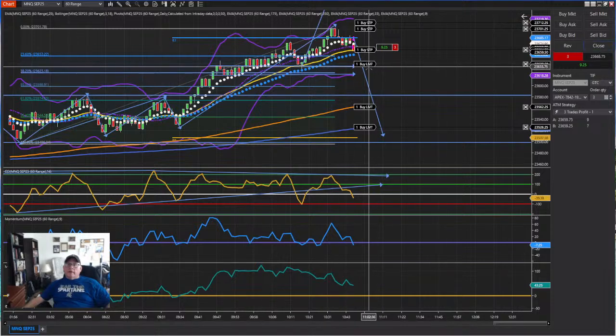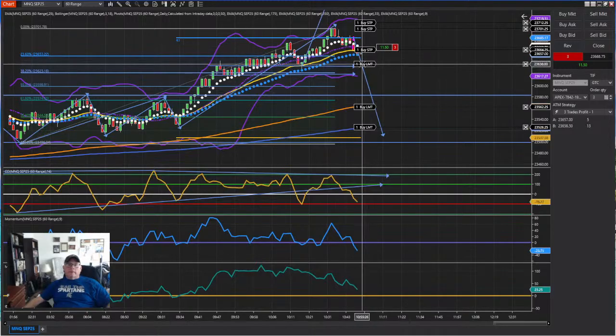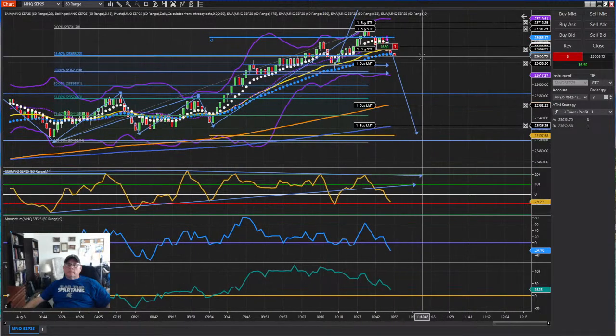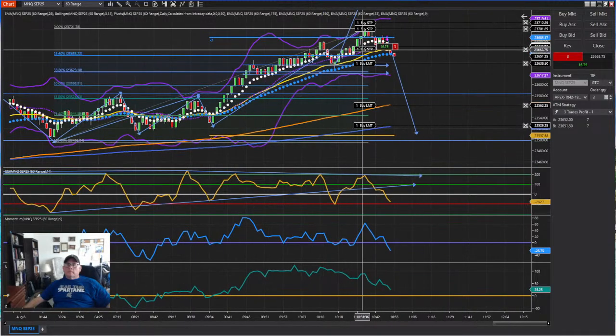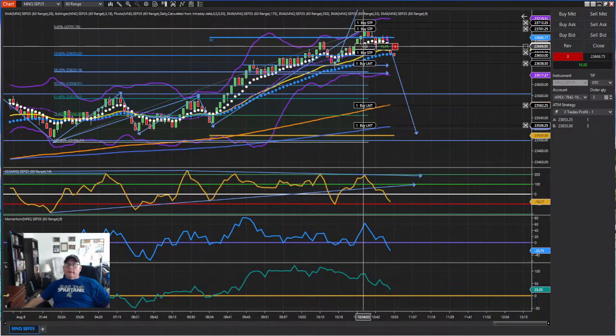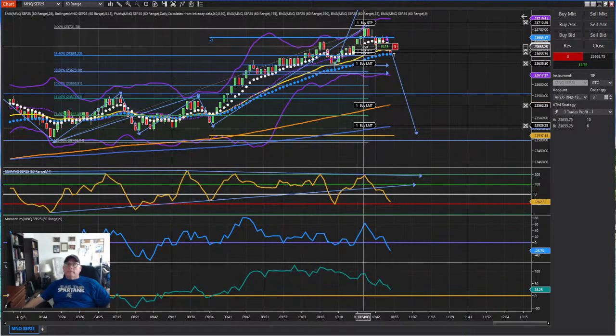So we got an area between here and here that we're looking for. Bring it all down to break even now. Let's see if we got a move.